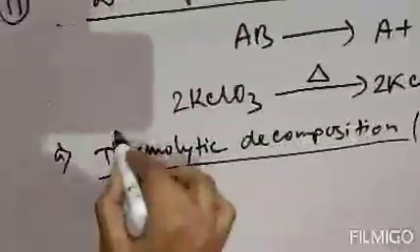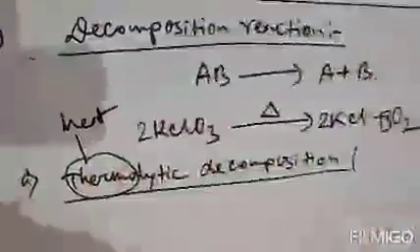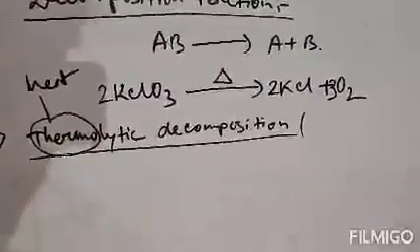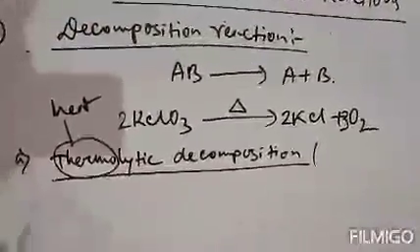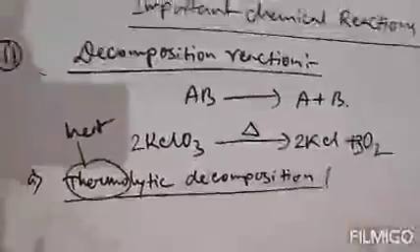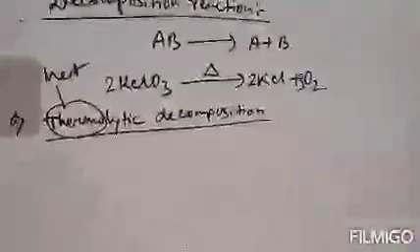Thermo means heat. So thermolytic decomposition is a reaction where heat is required, that is, breakdown due to the presence of heat. Breakdown of a compound that requires heat. Clear? So this is thermolytic decomposition.